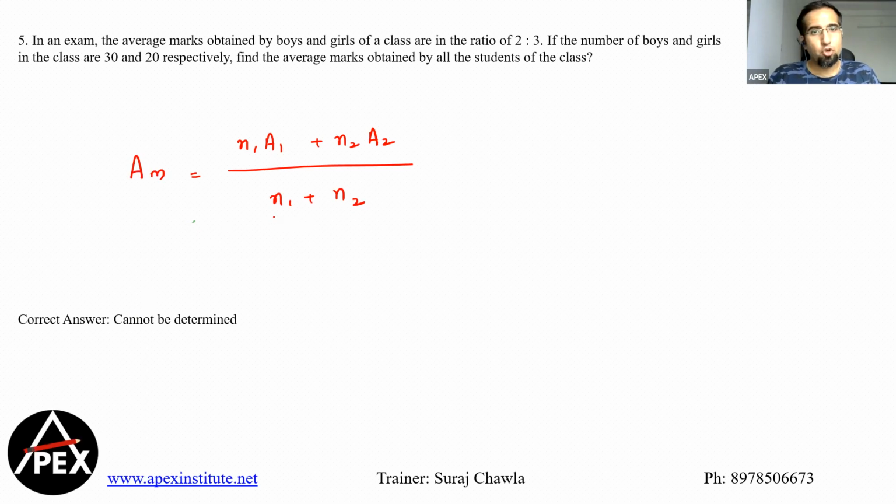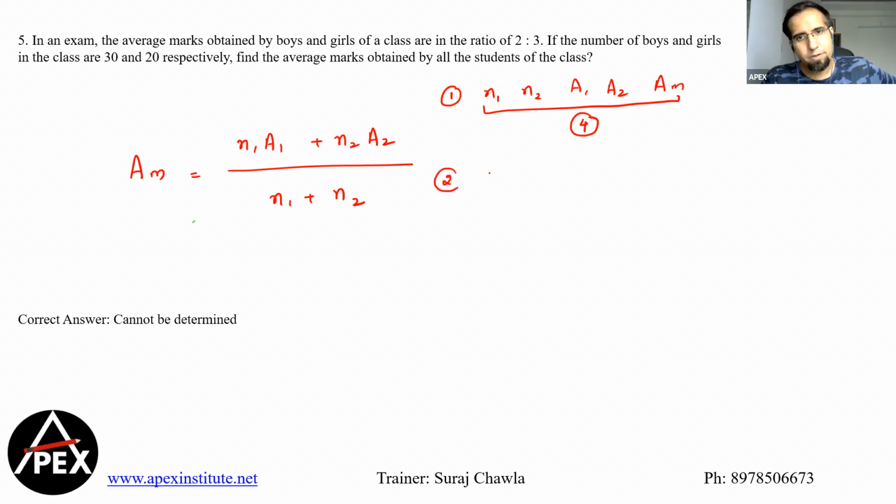Clear? So the first scenario is when everything is given: N1, N2, A1, A2, and let's say AM. Any 4 out of these 5 are given, I can calculate the remaining one.